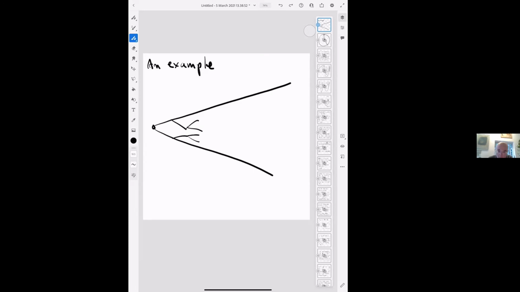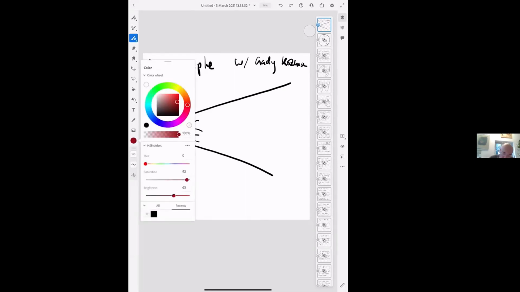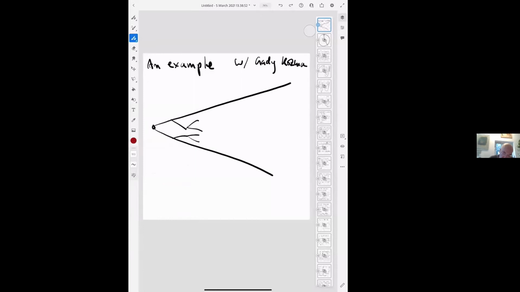And now what you do, this is an example with Gadi Kozma. There are simpler examples, but this example is useful for what I'm going to say. So we take a level, this is level 0, level 1, level 2, level 3, level 4.